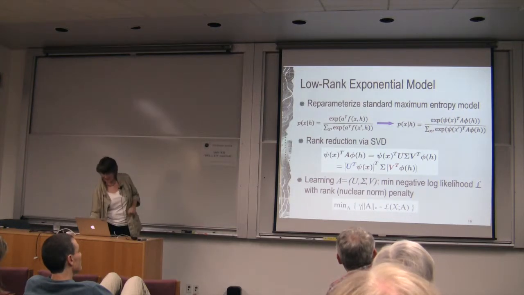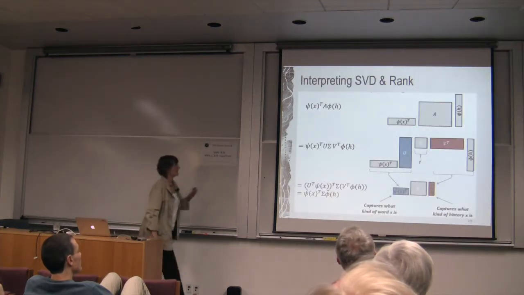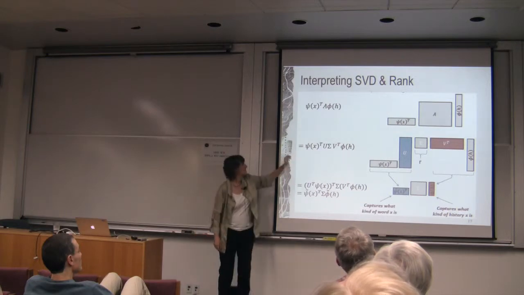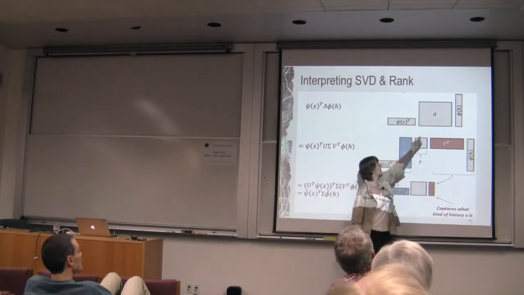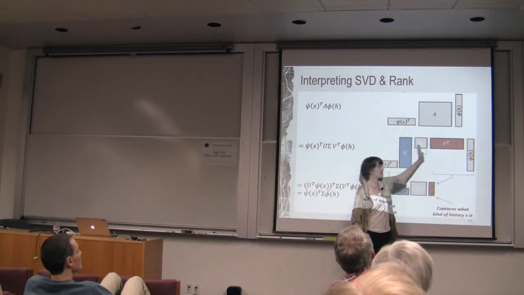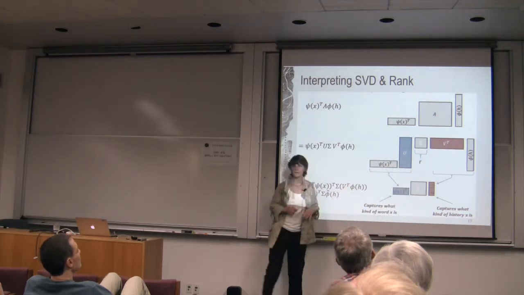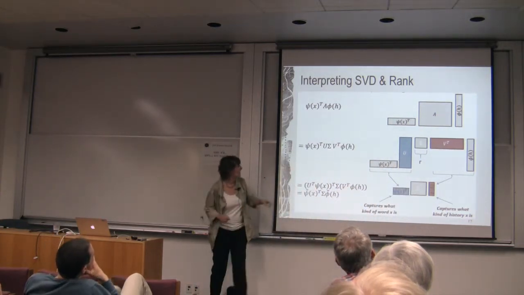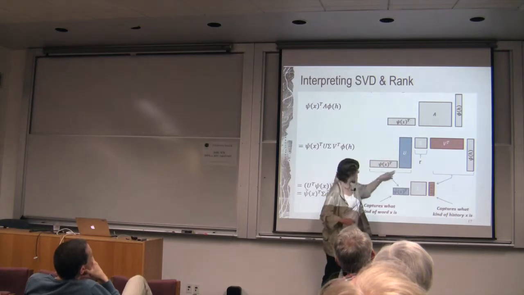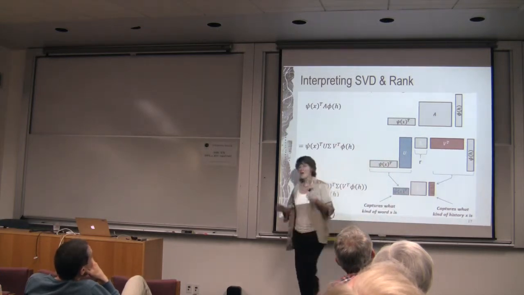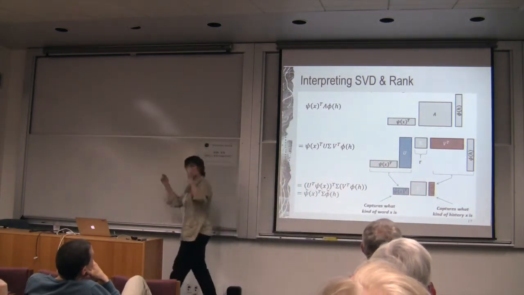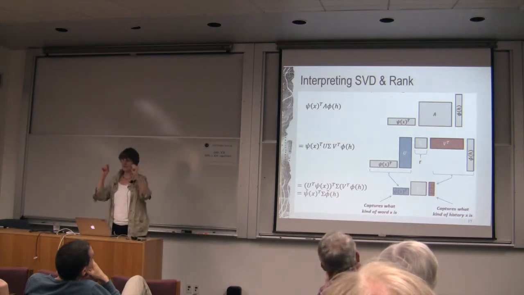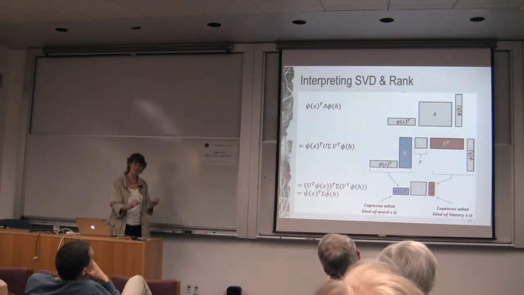The key thing I'm doing here is taking this big matrix and reducing the rank, doing a lower rank approximation of that matrix. I rewrite it as two transformations, so I'm learning a low-dimensional continuous space embedding of words.